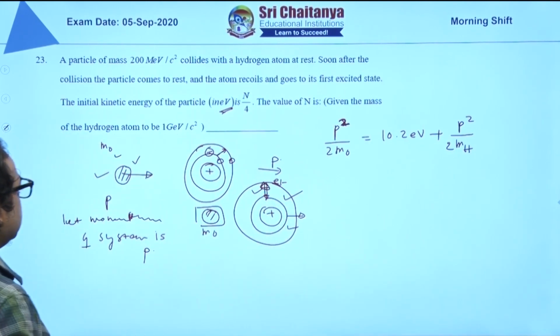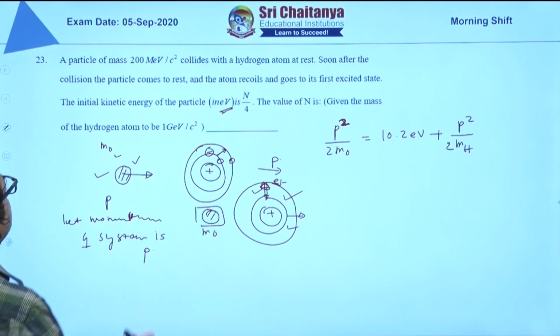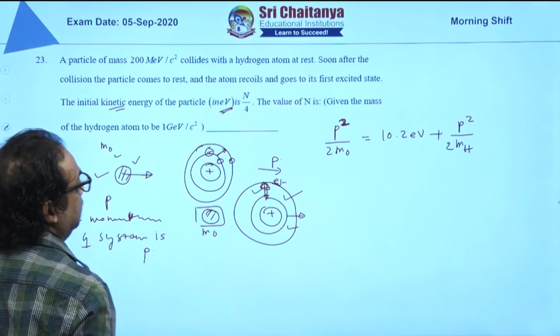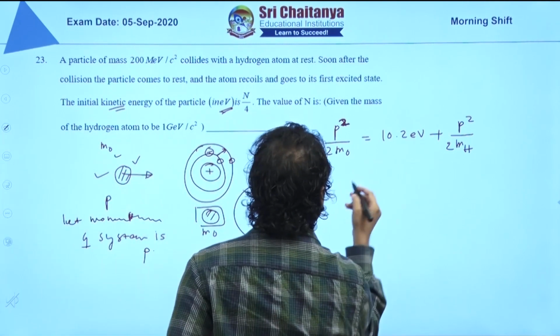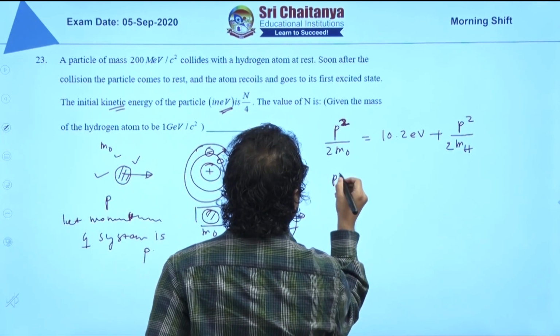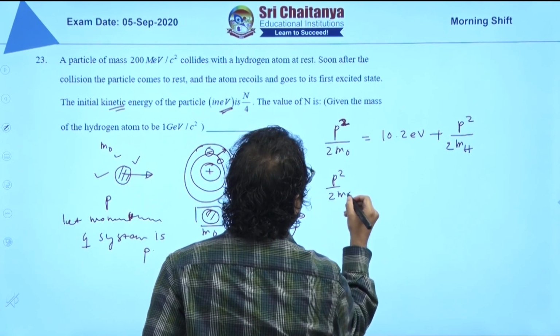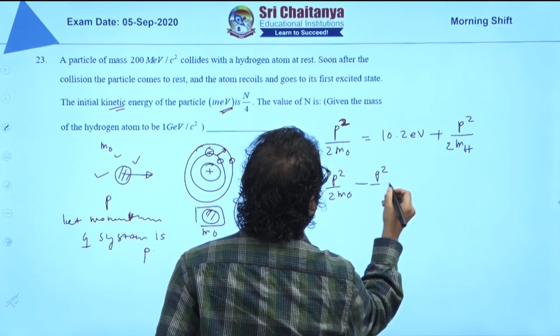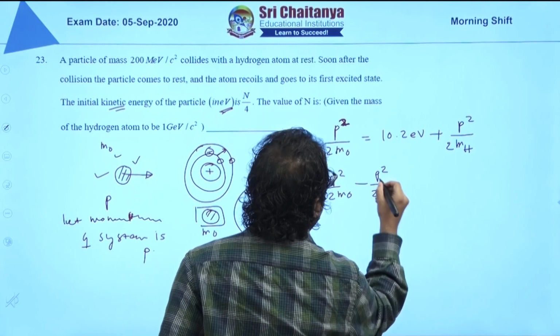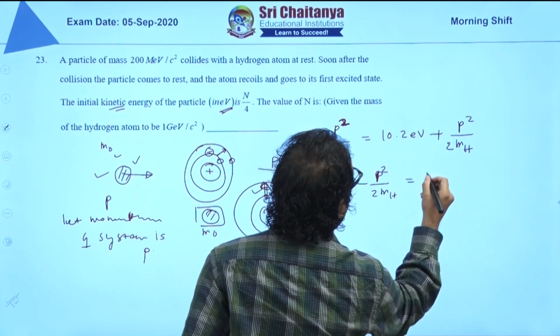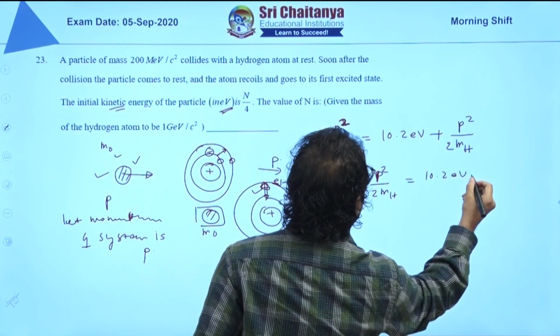It is asking for the initial kinetic energy of the particle. So, take it to one side: p square upon twice m naught minus p square upon twice m h is equal to 10.2 electron volt.